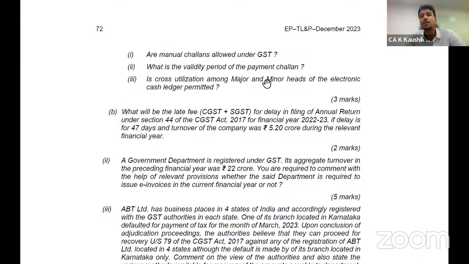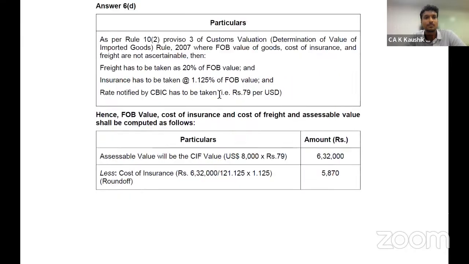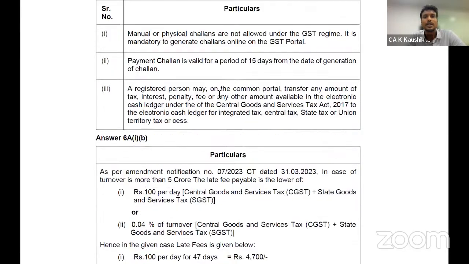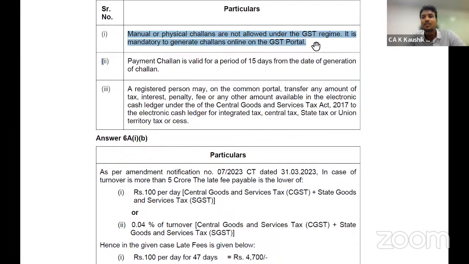Is cross-utilization among major and minor heads of the electronic cash ledger permitted? Yes, it is permitted. The CGST cash ledger can be utilized against the CGST liability and IGST liability of the different cash ledger, major and minor heads, that is permitted. So if you see the answer, manual or physical challans are not allowed.